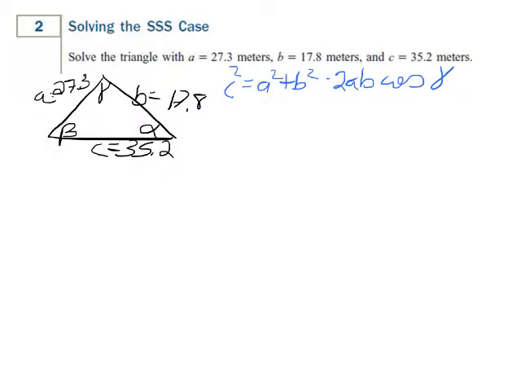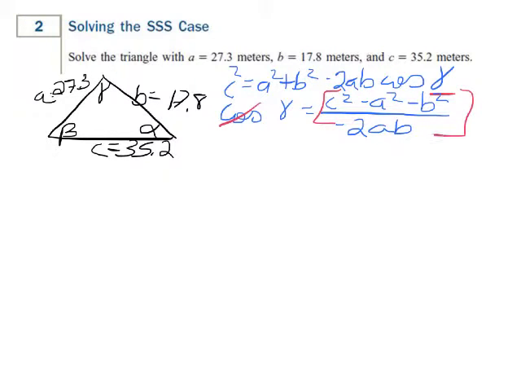Now, if you think about it, we're trying to solve for gamma, so let's go ahead and solve for gamma. So let's take everything over so that we'll have the cosine of gamma is equal to, subtract A squared and B squared, and divide by negative 2AB. So we've got C squared minus A squared minus B squared all over negative 2AB. And to get gamma by itself, we can just do the inverse of cosine.